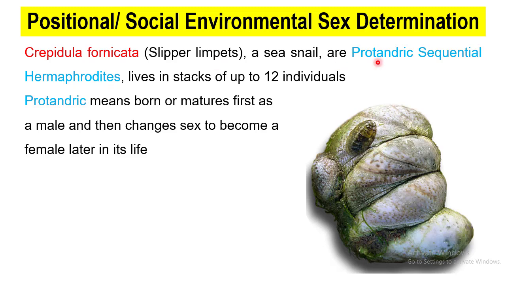So this is a sequential hermaphrodite. That would mean first they are in one sex, and then they change into another sex. So this is what protandric means: they are first born as a male, and sequentially they change into a female. Therefore they are hermaphrodite in nature.